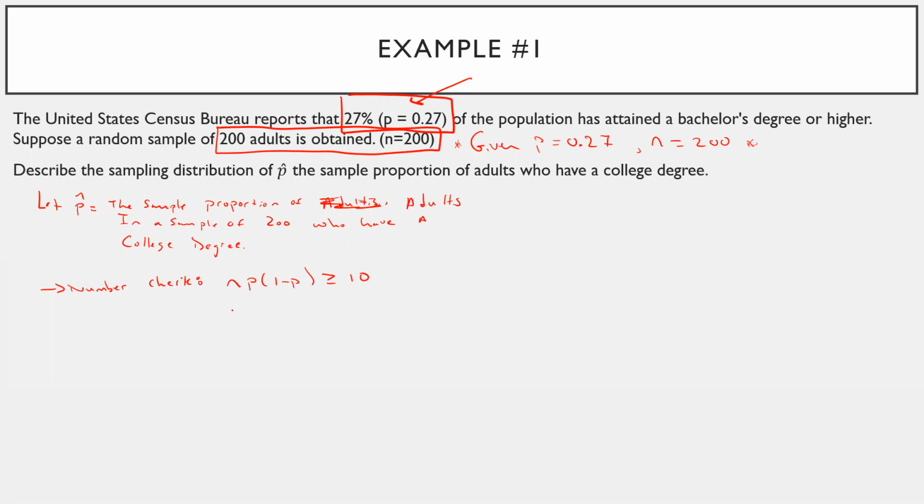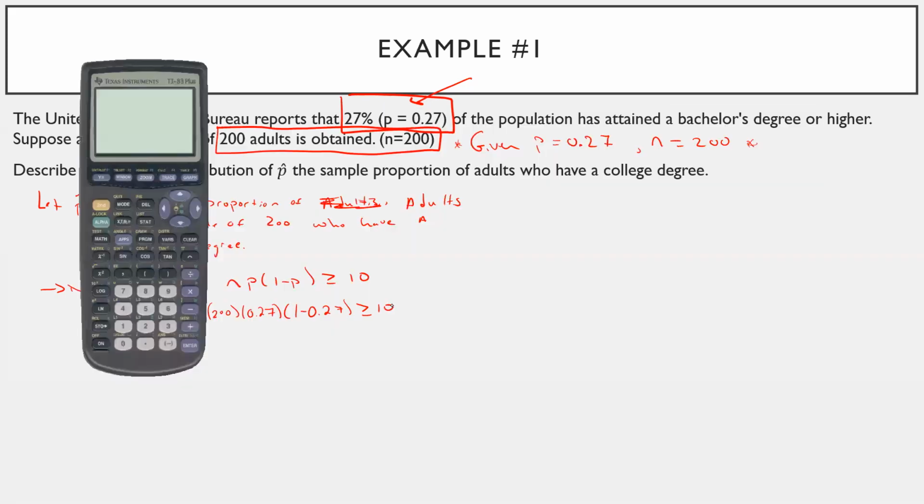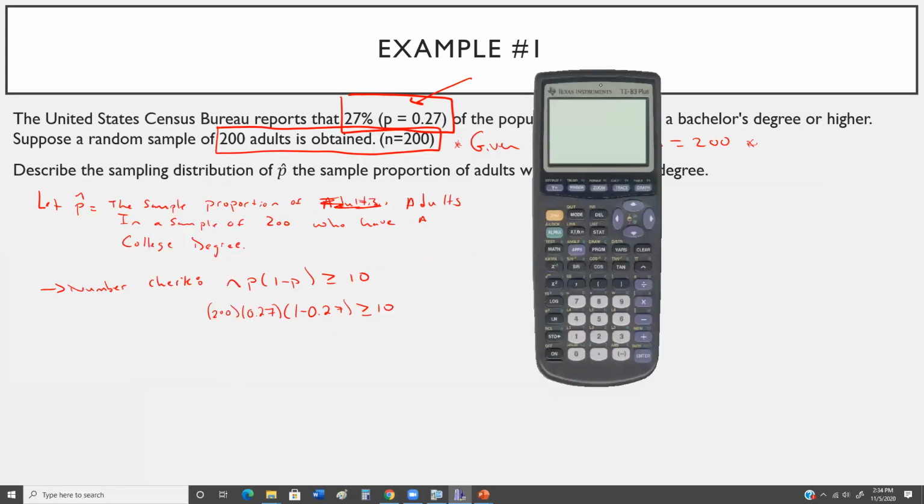N is 200, P is 0.27, and then it's 1 minus 0.27. Let's verify that that's greater than or equal to 10. So 200 times 0.27 times 1 minus 0.27.